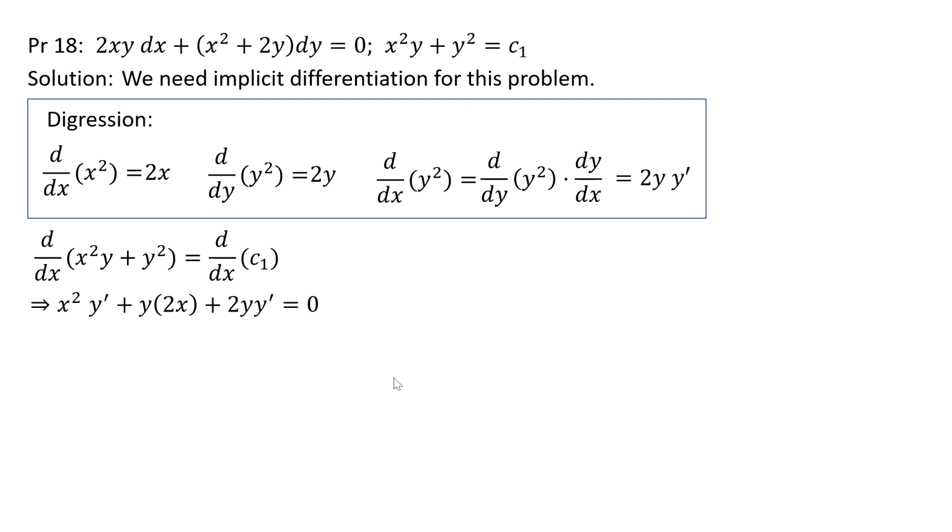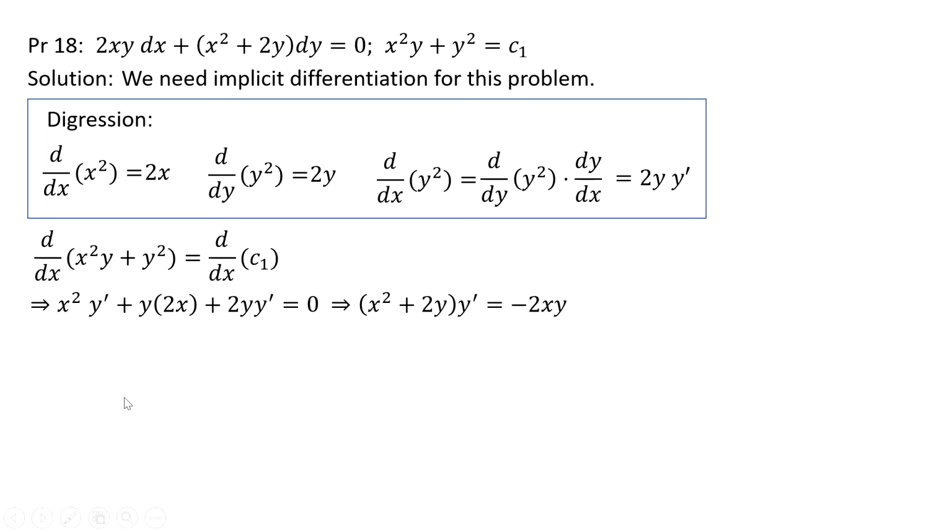Okay, man, so what? Our objective with this implicit differentiation is, after we do this, we want to figure out what y prime is. Can we figure out y prime from what we got here? Yeah, simple algebra. So solve for y prime.